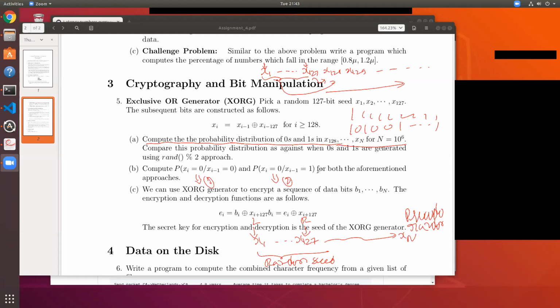Not only that, you should not be able to tell what is the probability that xi is equal to 0 given xi minus 1 to xi minus k. Given this, you should not be able to tell xi is equal to 0.